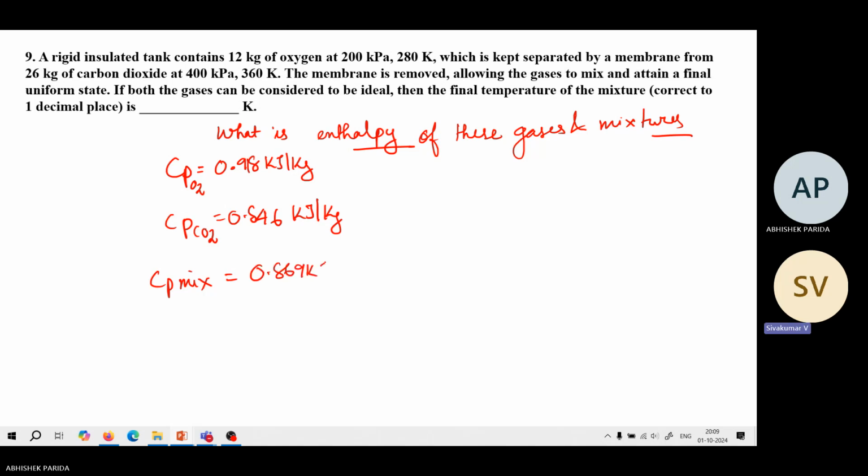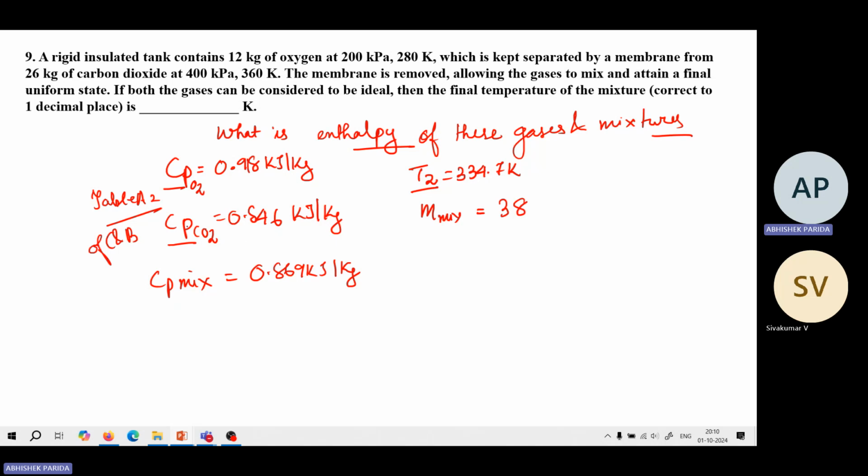In the previous case, we have calculated the final temperature, that is correct, 334.7 Kelvin. Now mass of the mixture is 38 kg. So m, Cp, and then T2 is around 11049. Okay. So perfectly right. You have Cp values from the table A2 of Cengel and Boles.